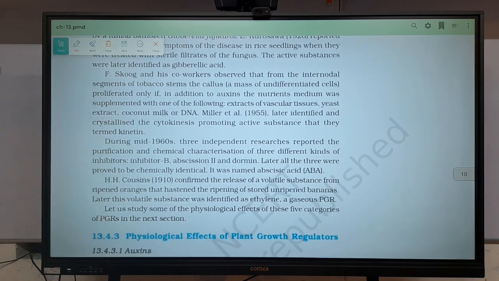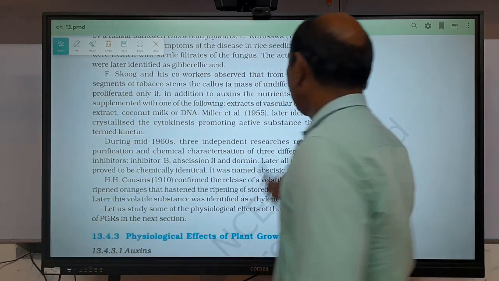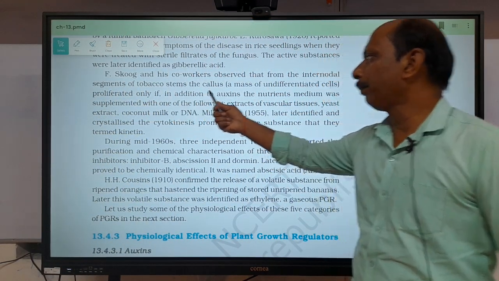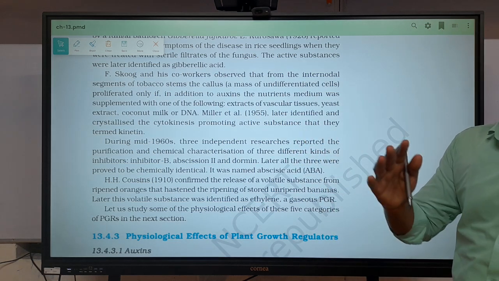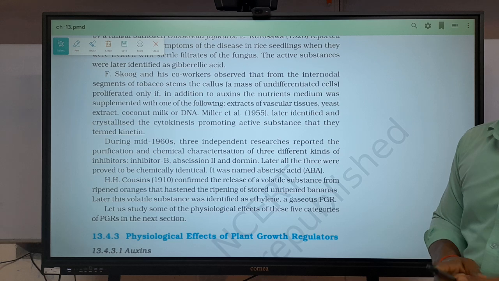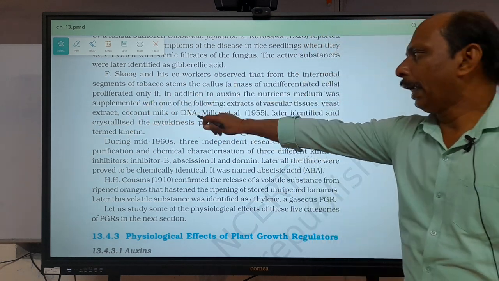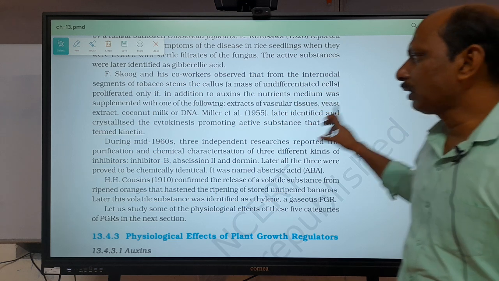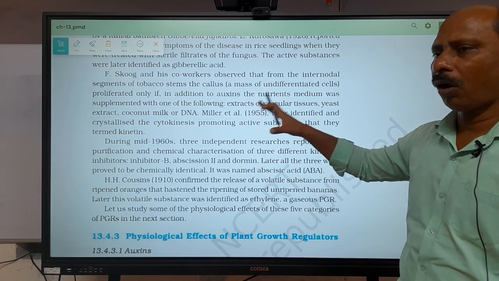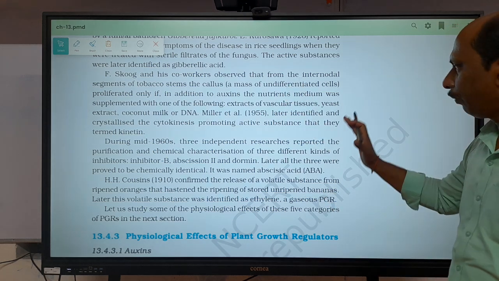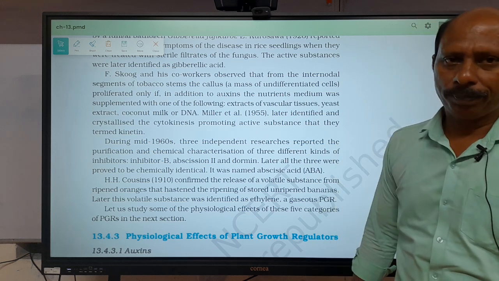Now F. Skoog and his co-workers, the third one, observed that the callus from the internodal segment of tobacco stem, callus meaning a mass of undifferentiated cells, proliferated if, in addition to auxin, the nutrient medium was supplemented with one of the following: extract of vascular tissues, yeast extract, coconut milk, or DNA.